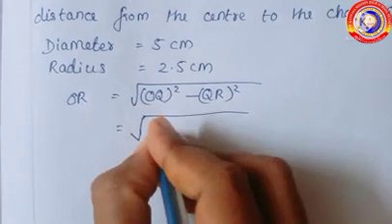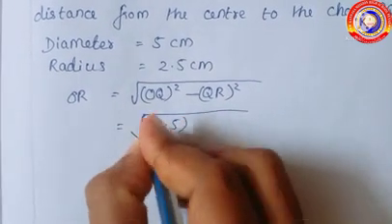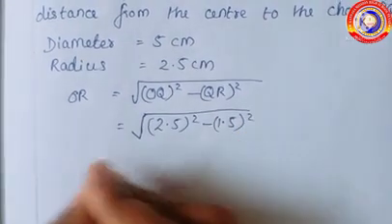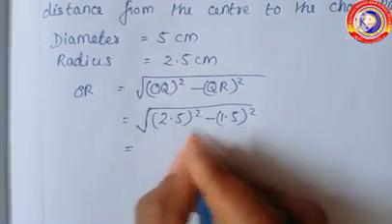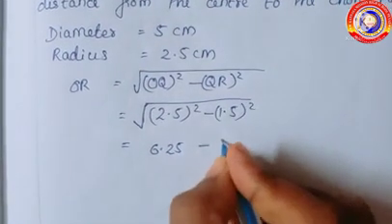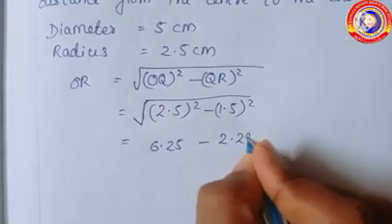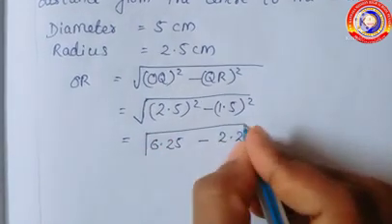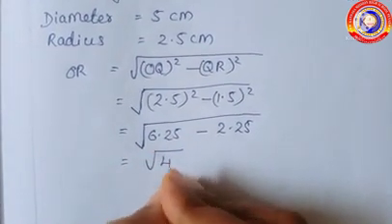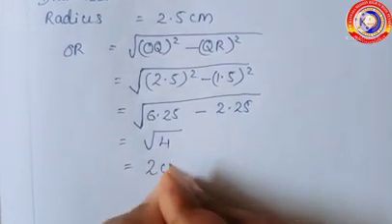So OQ square is 2.5 square minus QR is 1.5 square, which is equal to 6.25 minus 2.25, which is root 4, that is equal to 2 centimeter.